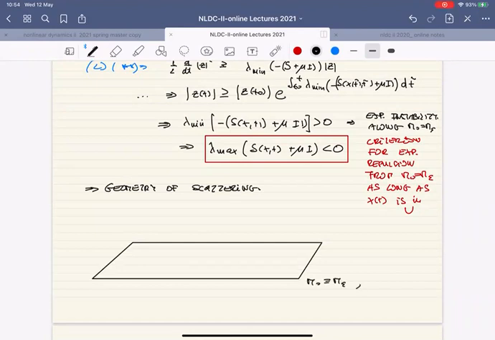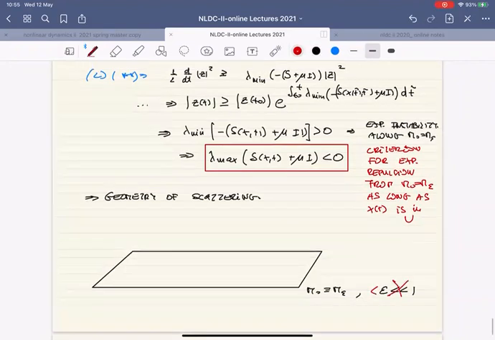And epsilon is no longer, let me just put it this way, that I can't say anymore that this is much less than 1, because this effect does need a finite epsilon.